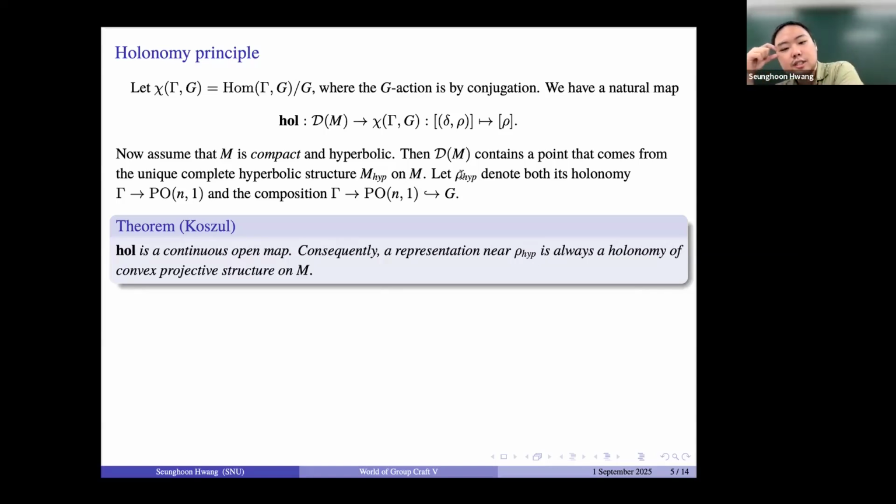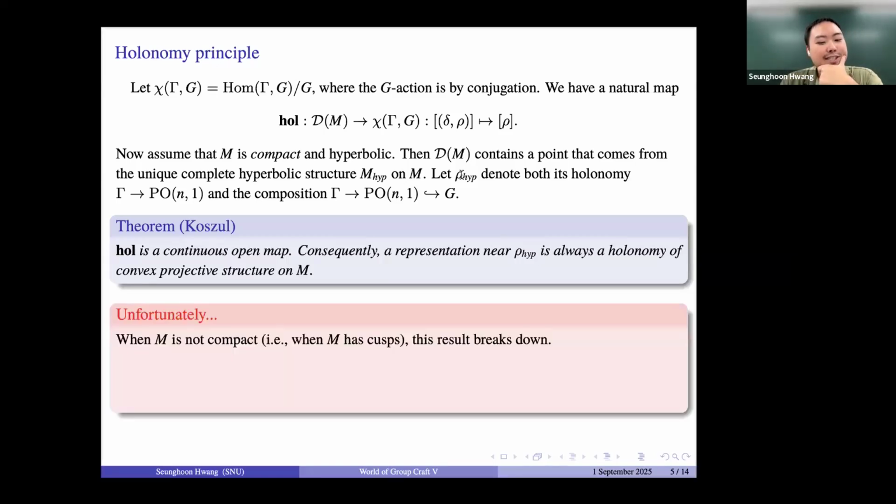You descend to the space of representations or the character variety, and you deform the holonomy representation slightly. Then because this holonomy map is an open map, you will always have representations which are also holonomy representations of some convex projective structures on M.